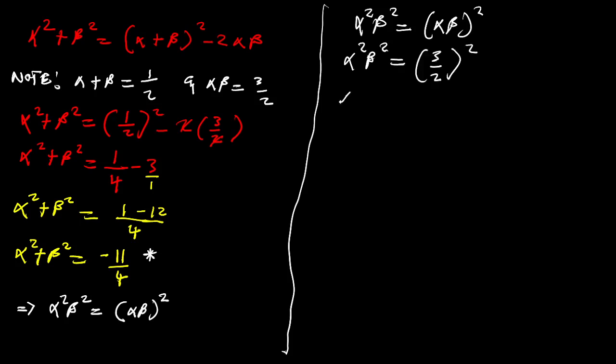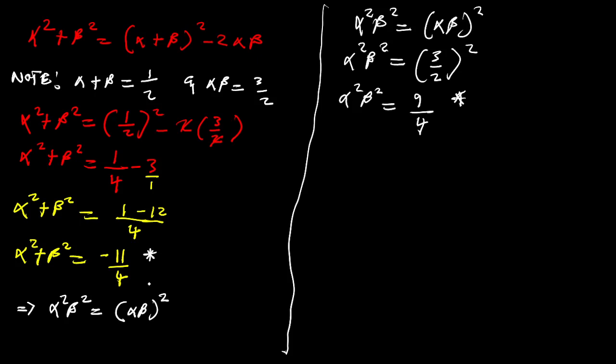So alpha squared beta squared is simply equal to 9 over 4. And this one also, I'll put a star there to remember that I need to come back for it. But in the exam, in most cases, these become your A. And then the next one is the equation.